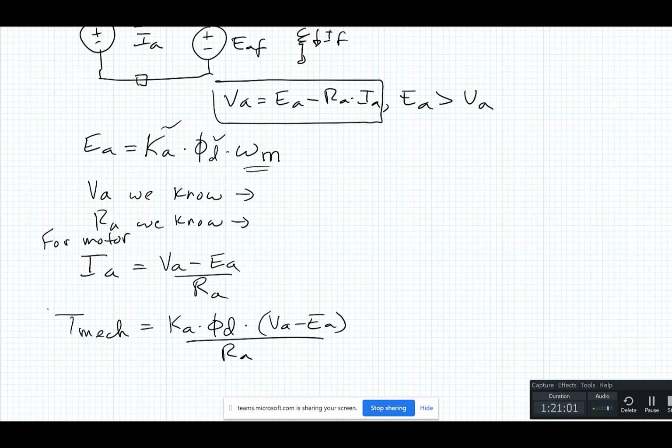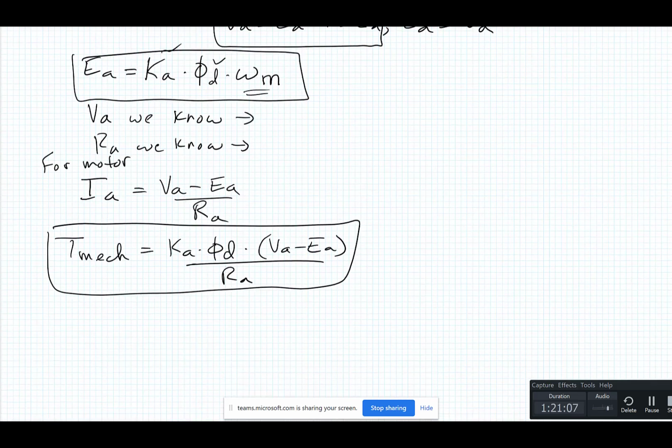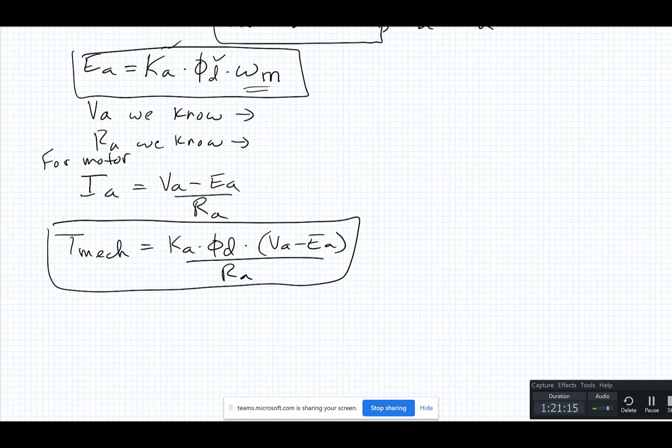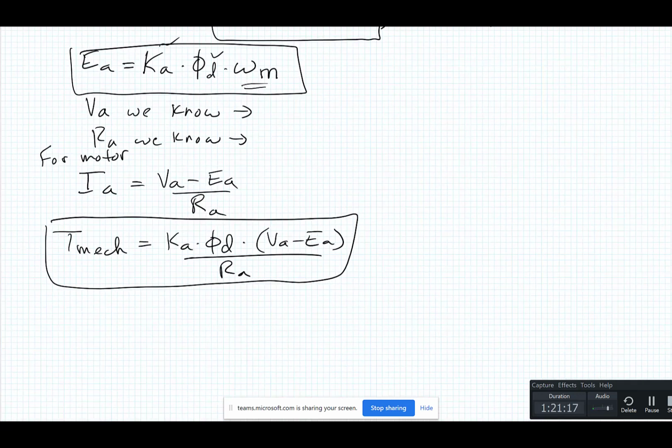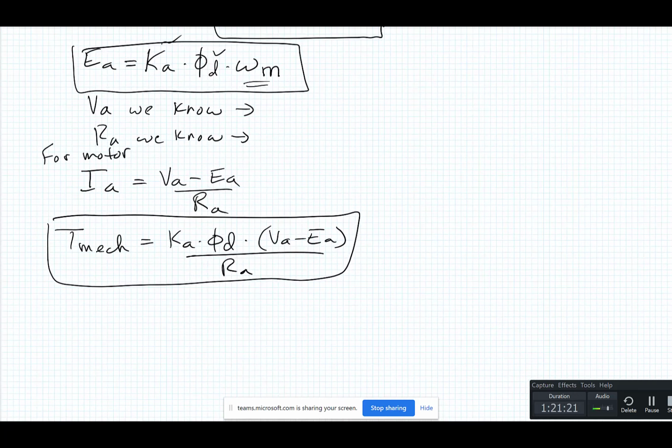So now I have the torque of a machine. I can find the speed or the torque for any value of current or speed, assuming right now that we're holding IF constant.